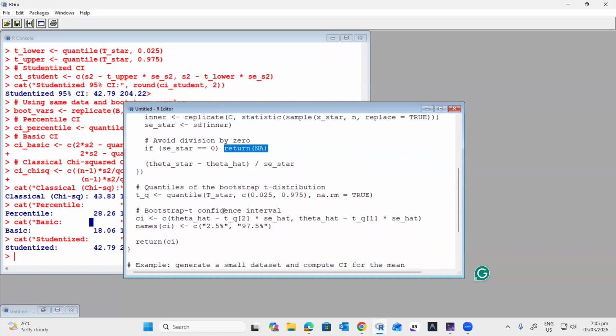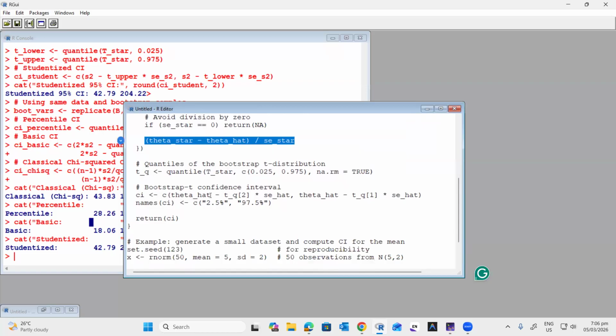All right. And then we will compute it. And theta star we will compute through this formula. And after that, we have the quantile of the bootstrap t distribution. In that one, we are going to compute the quantile, that will be t star, c for alpha's value 0.025 and 0.975.